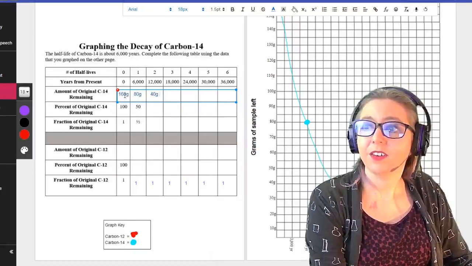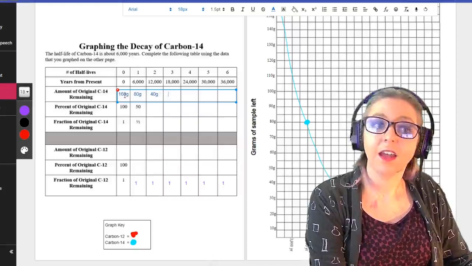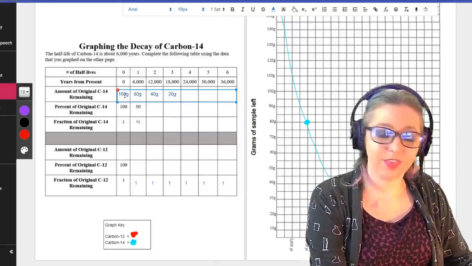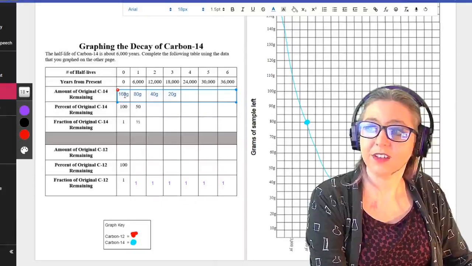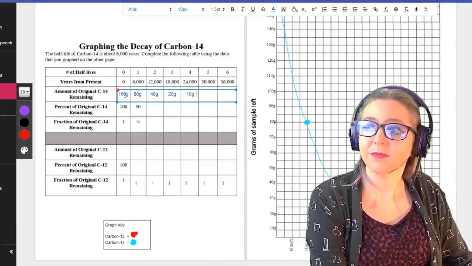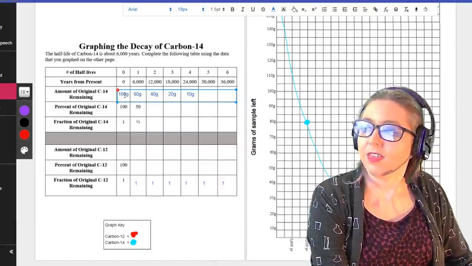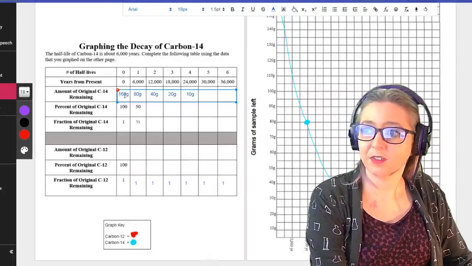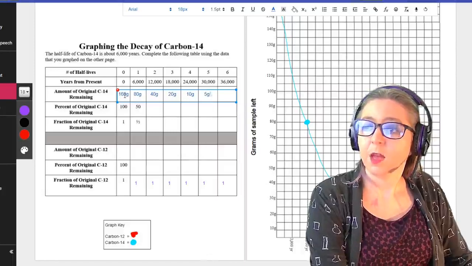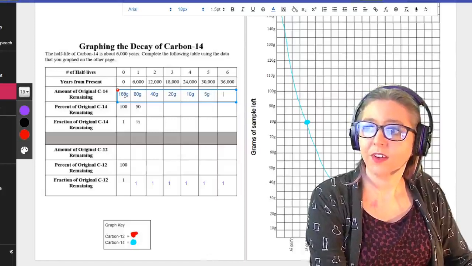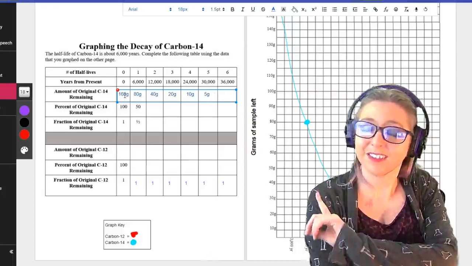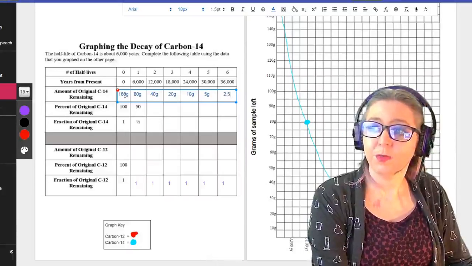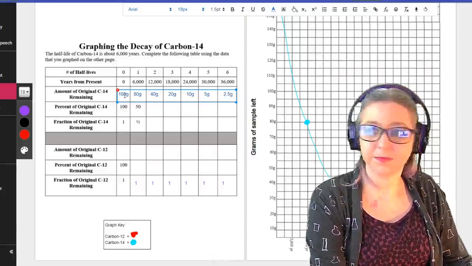Then another 6,000 years passed, I was down to 20. Then after another half-life, I was down to 10 grams. Then my graph only went to 30,000 years, and so I stopped at 5 grams. But I think we can all figure out that if I could go another 6,000 years, I would be down to 2.5 grams.